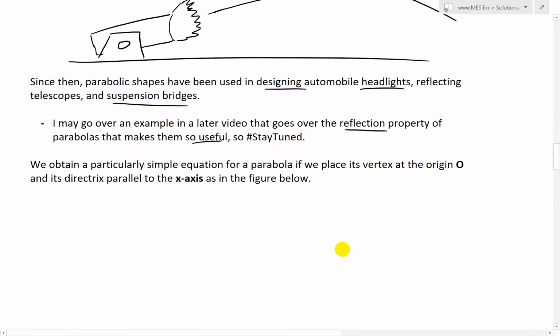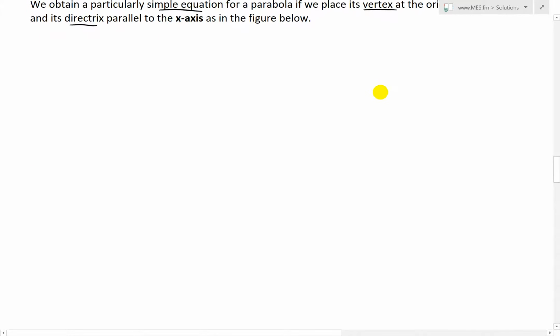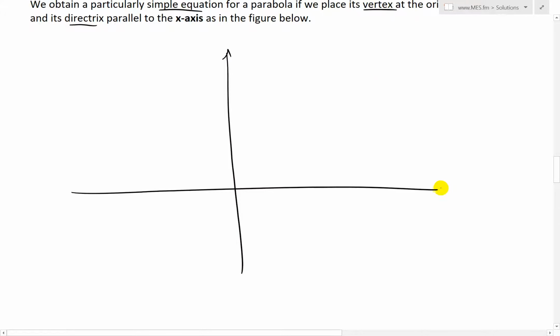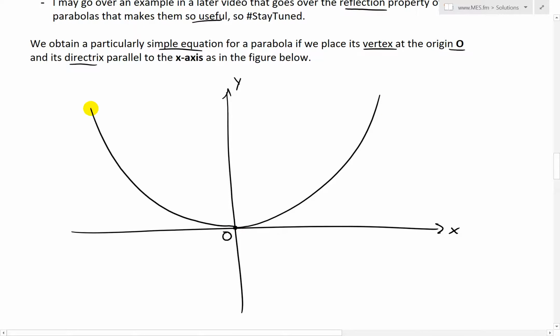So we obtain a particularly simple equation for a parabola if we place its vertex at the origin and its directrix parallel to the x-axis. As shown in the figure below, which I will just draw right now. So let's say we have our typical xy axis like this. That's x, this is y. And now let's place that vertex right at the origin. So we place it right at the origin O, and now we have a parabola like that.